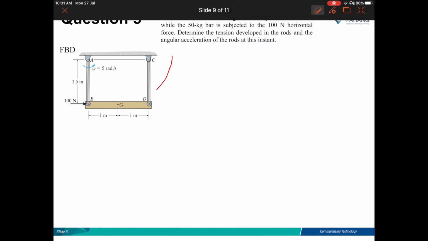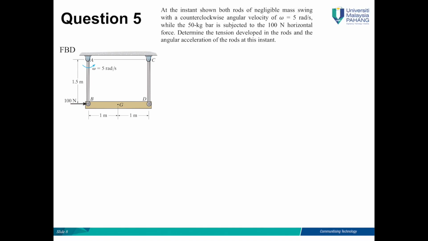So let's read the question first. At the instant shown, both rods of negligible mass swing with a counterclockwise angular velocity. This is another clue that this is a curvilinear translation, because there is an angular velocity value given. So we want to determine the tension developed in the rods.